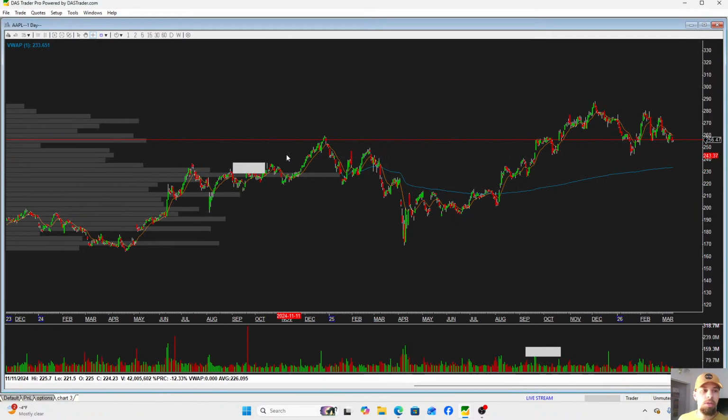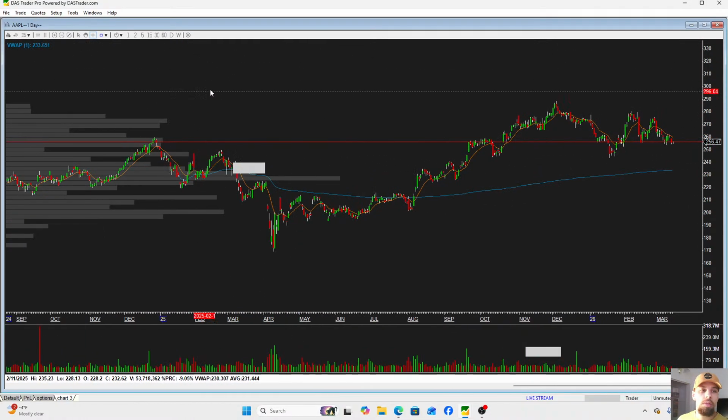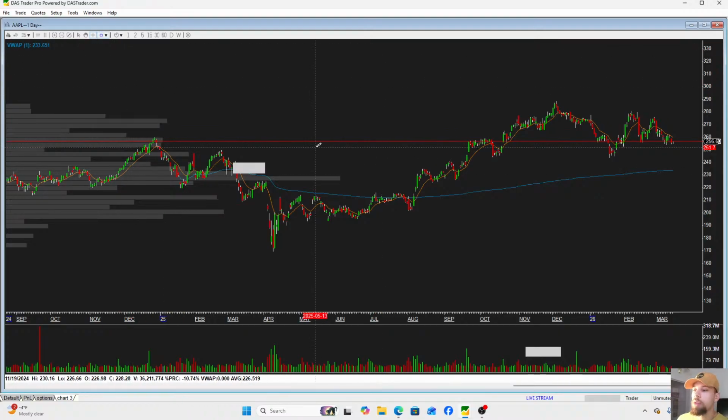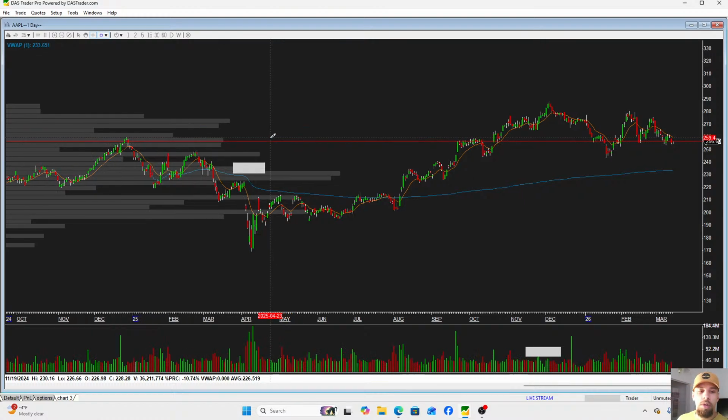Apple is such an interesting stock because when the market goes up, Apple will go down, it seems, and then when the market goes down, like SPY and QQQ on the day, Apple tends to rally. That's something I've noticed over the past couple of years with Apple in regards to the daily price action on it.